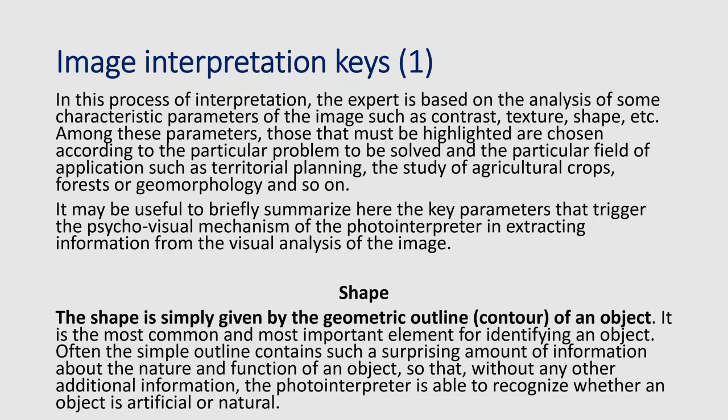It is the most common and most important element for identifying an object. Often, the simple outline contains such a surprising amount of information about the nature and function of an object, that without any other additional information, the photointerpreter is able to recognize whether an object is artificial or natural, for example.